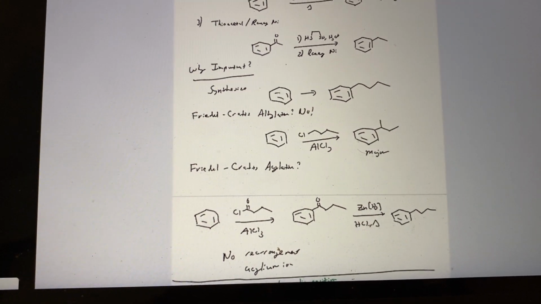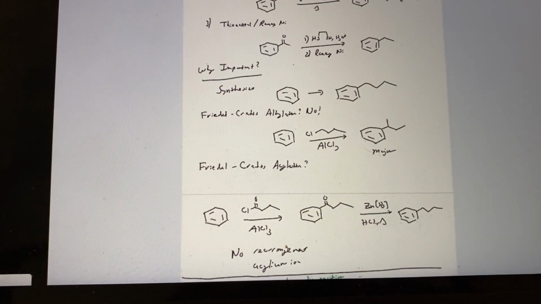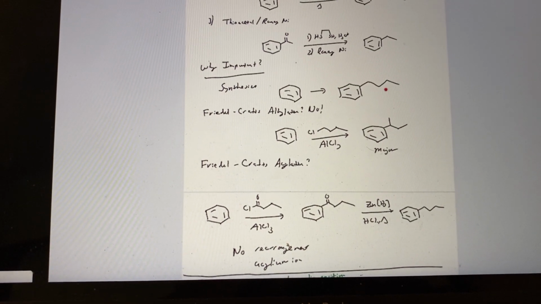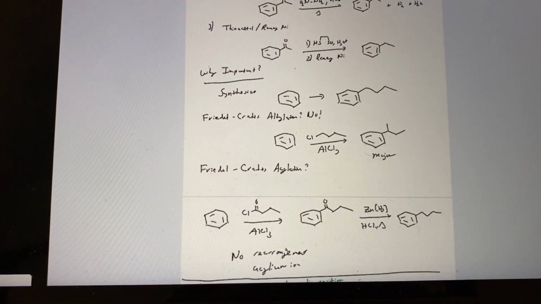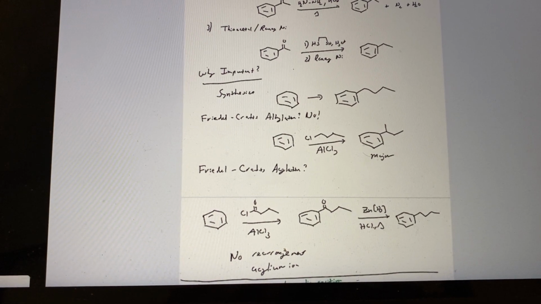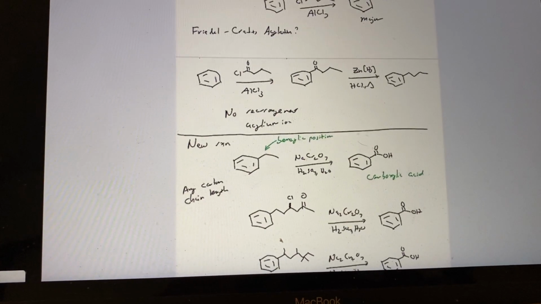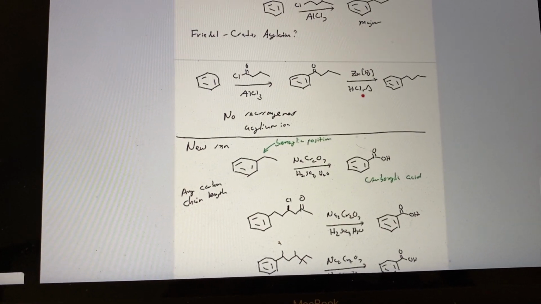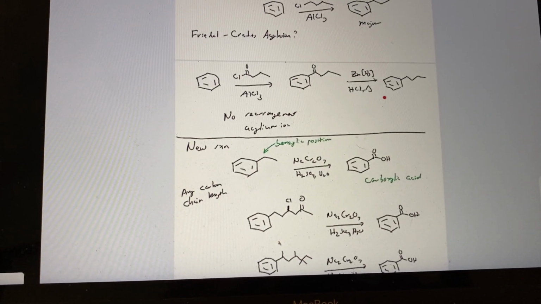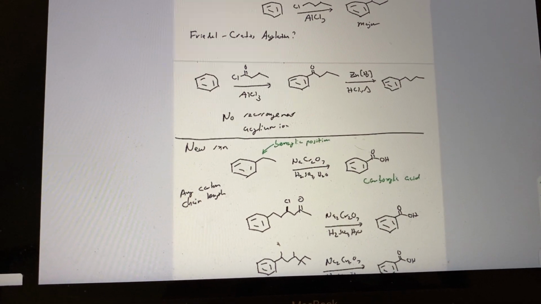But a lot of times it'll be limited by rearrangements, or just because we cannot do the Friedel-Crafts alkylation on a deactivated ring. So you can couple that by using acylation, shown here in the middle now, acylation, followed by removal of the carbonyl group. So that's a good two-step process.